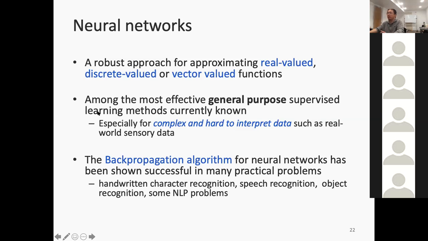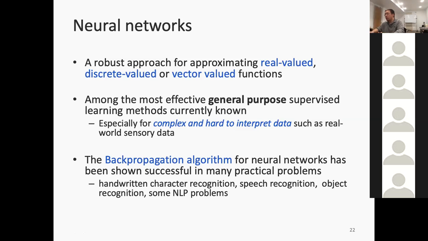So I think you have heard a lot of news about artificial intelligence. They're mainly trained by neural networks. The cornerstone of the neural network is the backpropagation algorithm. All the modern training algorithms for neural networks are based on backpropagation.